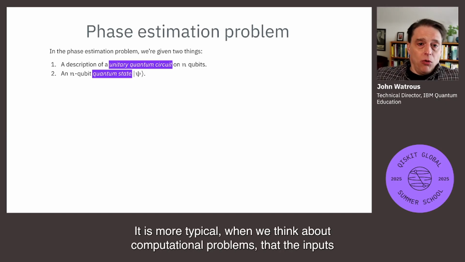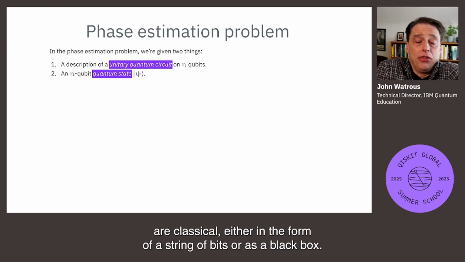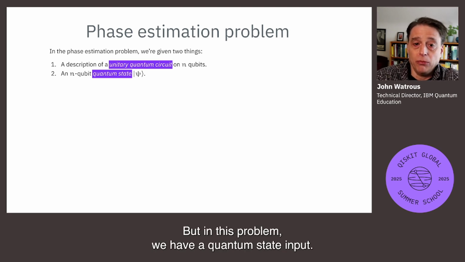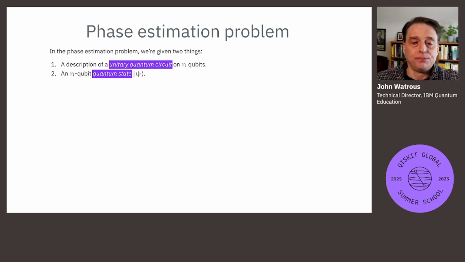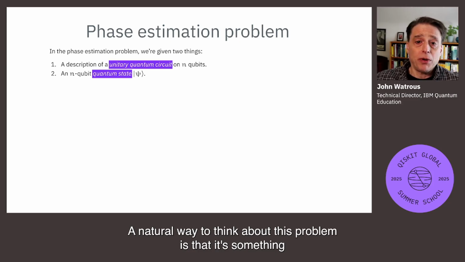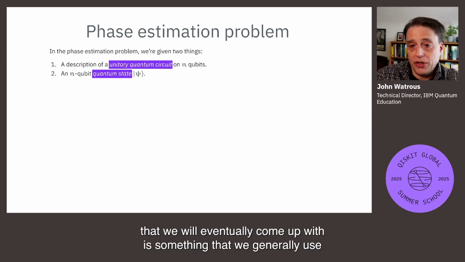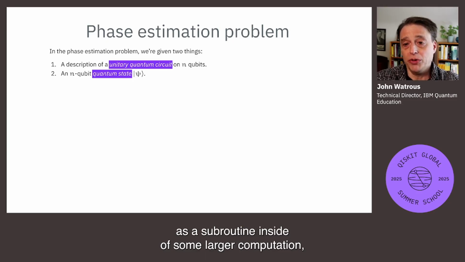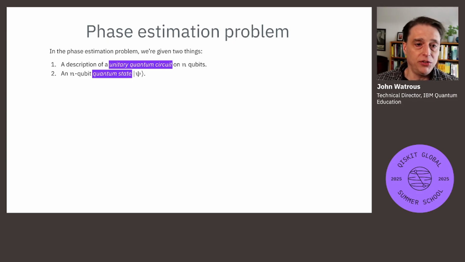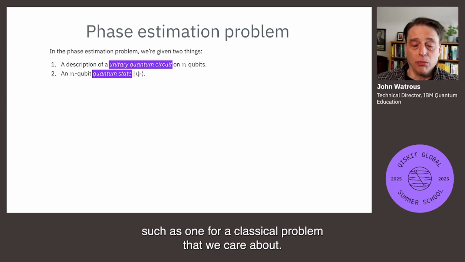It is more typical when we think about computational problems that the inputs are classical, either in the form of a string of bits or as a black box, but in this problem we have a quantum state input. A natural way to think about this problem is that it's something that's likely to appear as a subproblem, and the phase estimation procedure that we'll eventually come up with is something that we generally use as a subroutine inside of some larger computation, such as one for a classical problem that we care about.